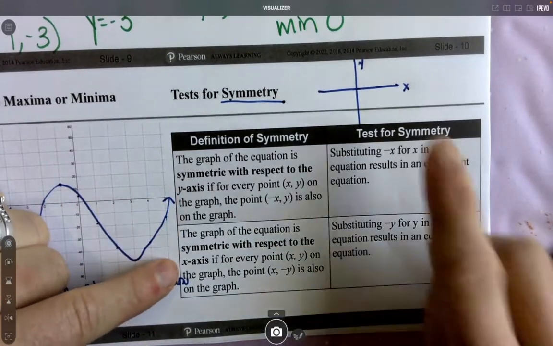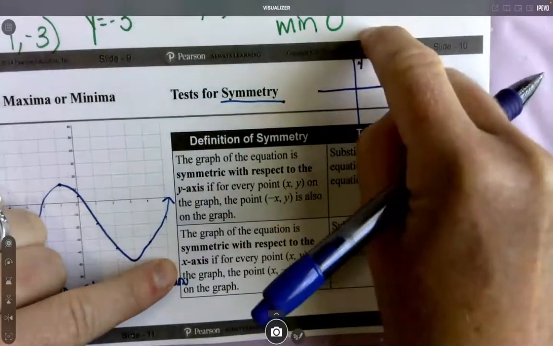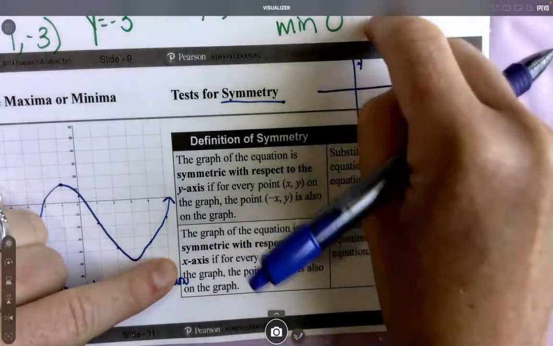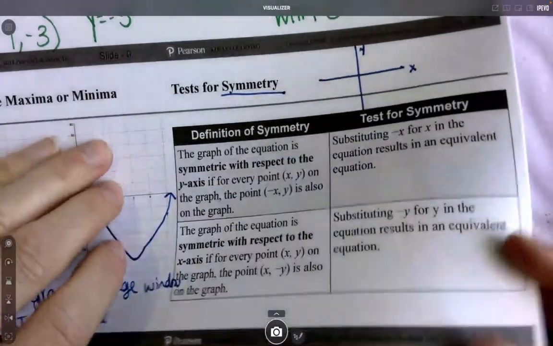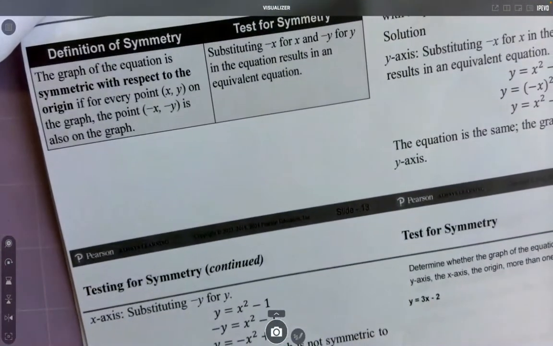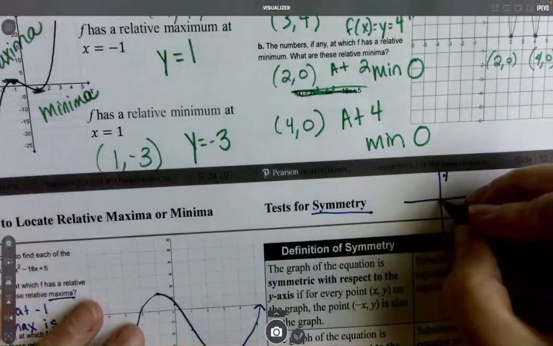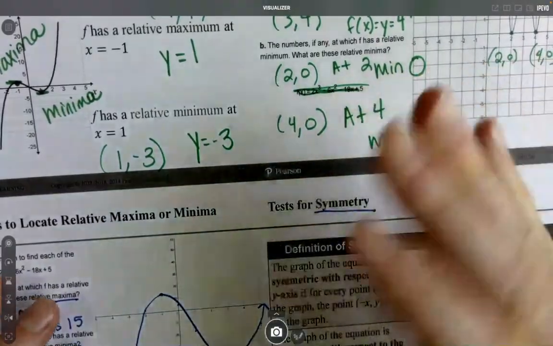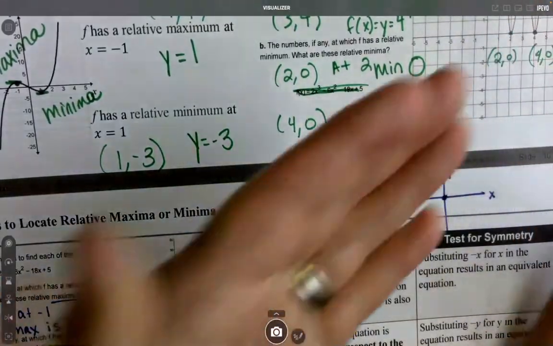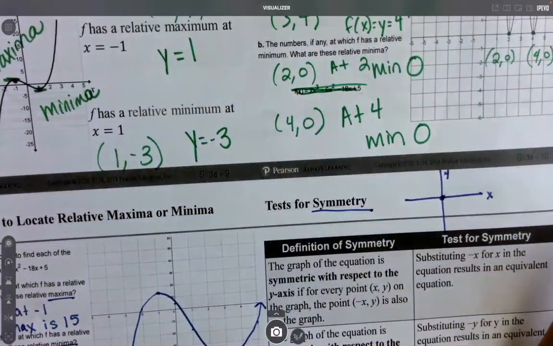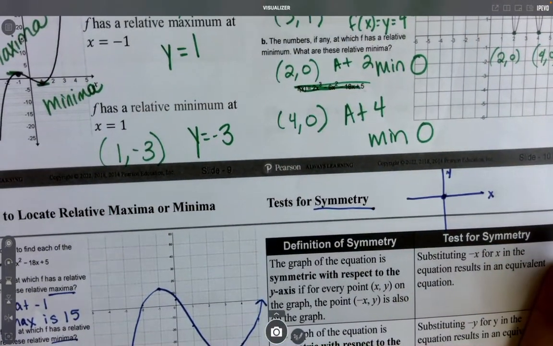Is it symmetric about the x-axis? If you flip it up to down or down to up, they're the same if it's symmetrical. And then there's one other one, symmetrical about the origin. If you can flip it across the origin diagonally, then you can have symmetry there too.